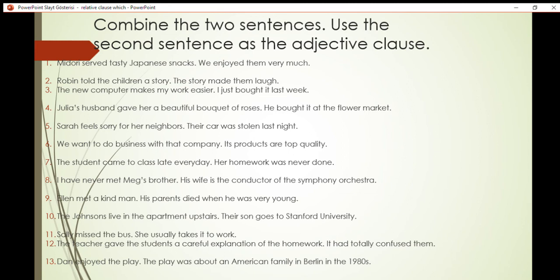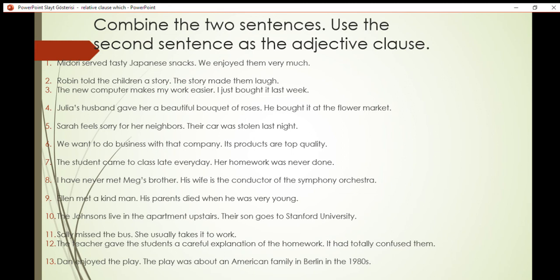It says, Midori served tasty Japanese snacks. We enjoyed them very much. Before we begin, let's remember, the relative clause comes after whatever we are talking about, whatever we are defining, whatever we're giving extra information about.